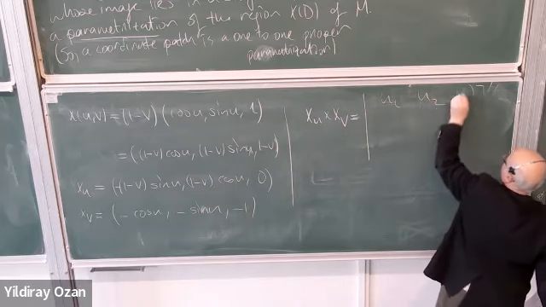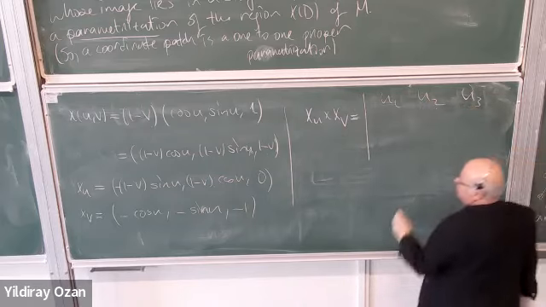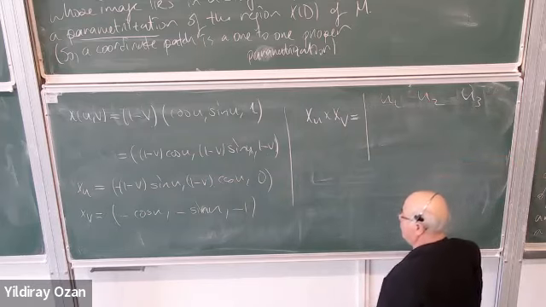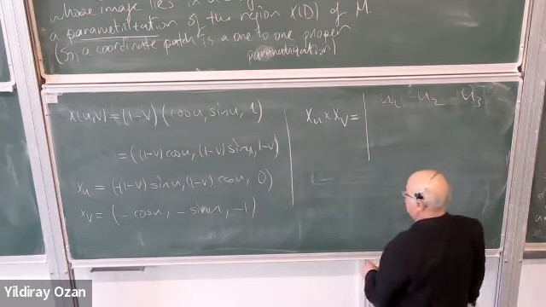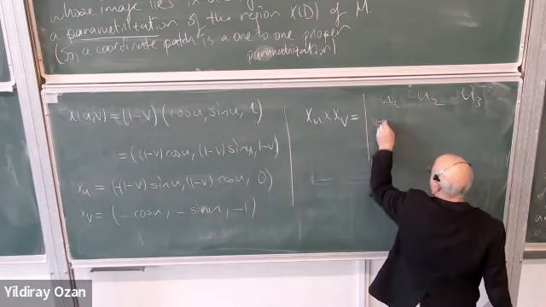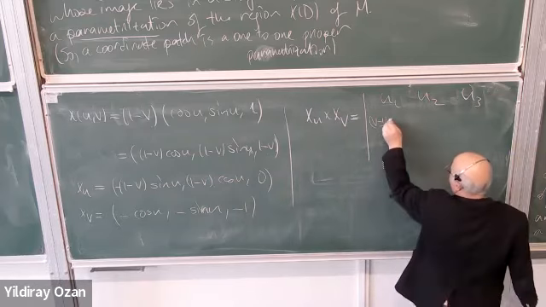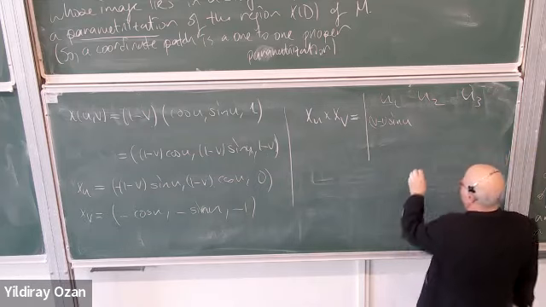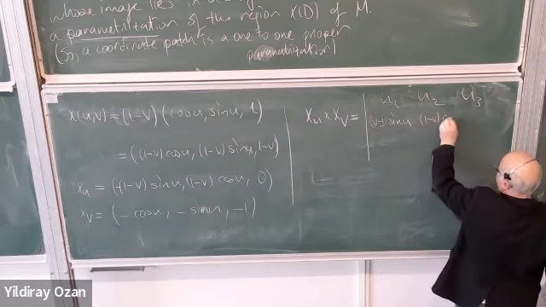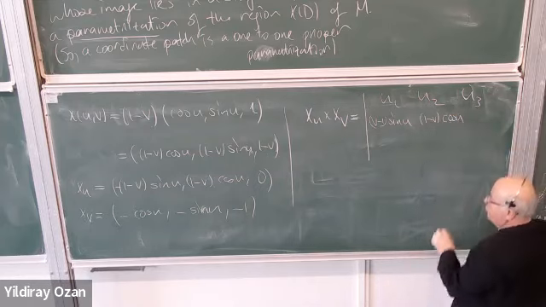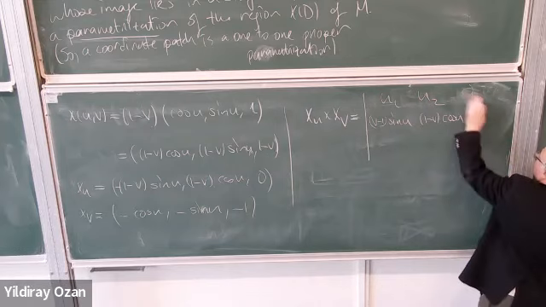U1, U2, U3. Here V minus 1 times sine U, 1 minus V times cosine U, and 0.